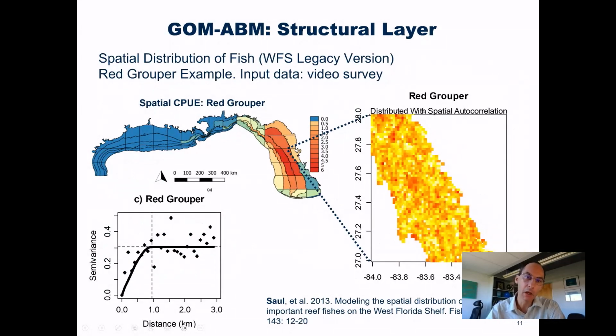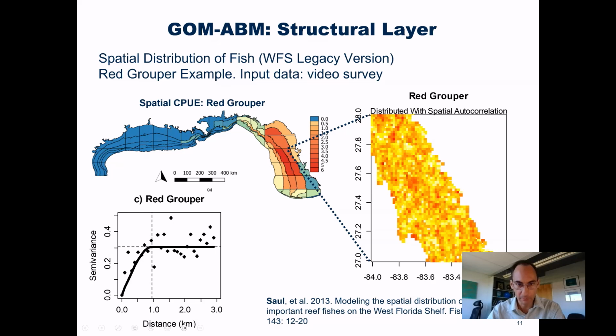So first, we figured out how to spatially distribute fish. The legacy version of the model uses estimates of variograms together with simulating the spatial autocorrelation patterns that those variograms picked up to develop plausible distributions of fish populations across space.